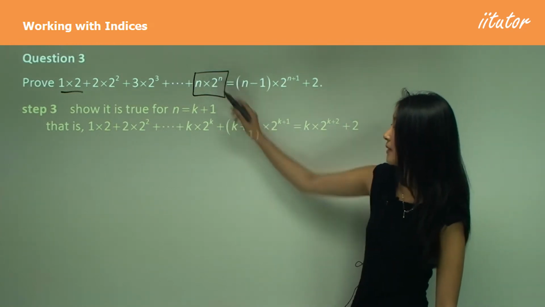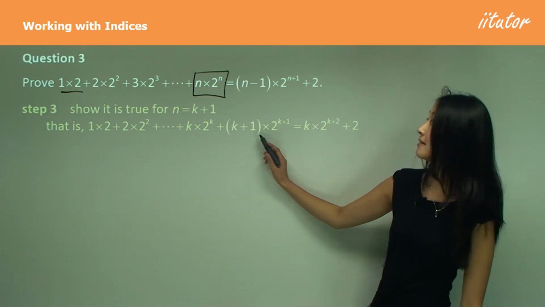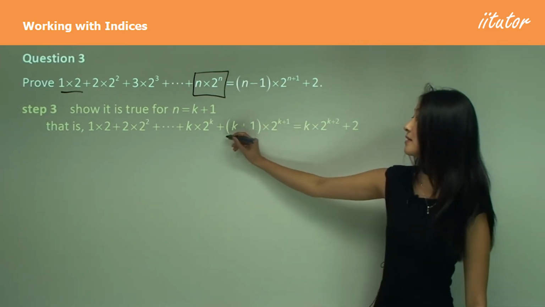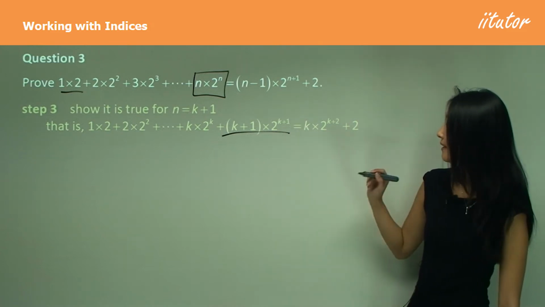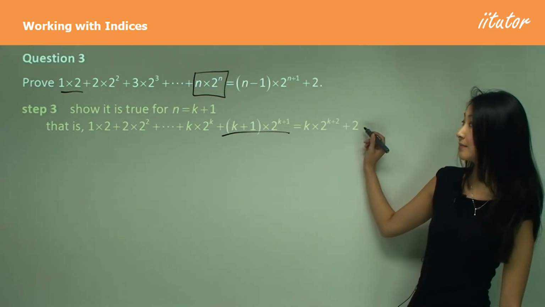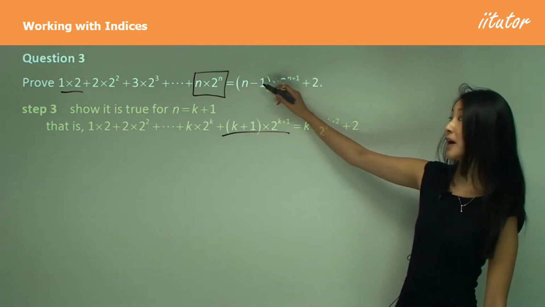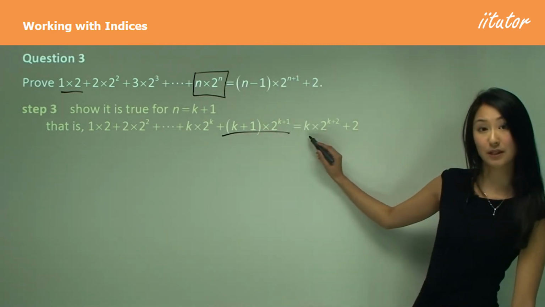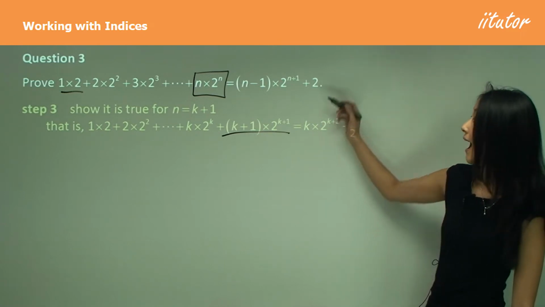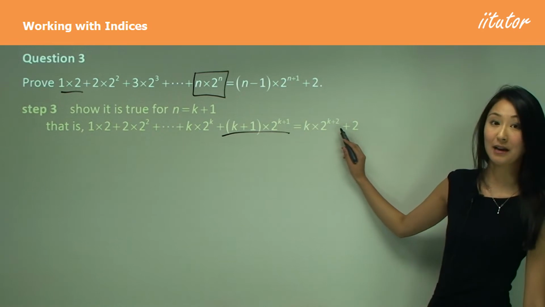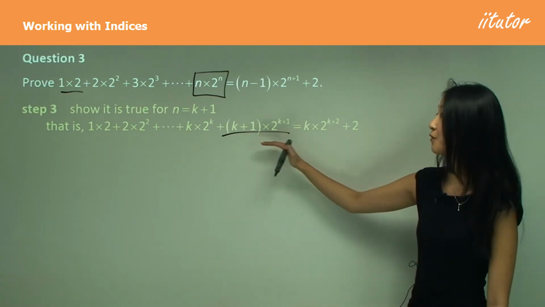So instead of n, we have k plus 1. And instead of 2 to the power of n, we have 2 to the power of k plus 1. So this is our additional value. Now on this side, what I've done is substituting k plus 1 into here. We have k minus 1, so that just leaves us with k. Can you see that? And then here we have k plus 1 plus 1. That's why we have k plus 2. And that's how we form this equation.